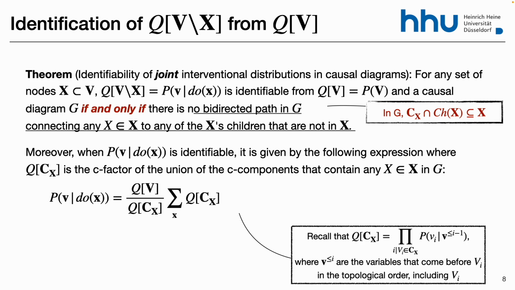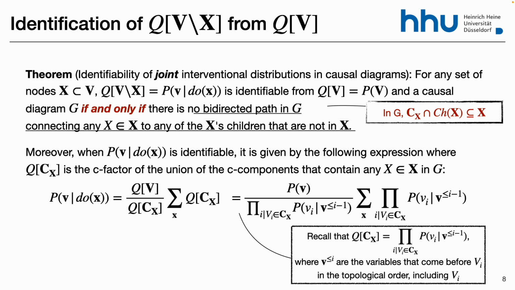From this part, I think it's just important for you to know that you can identify the joint by just this condition and automatically get the expression. That expression we already understand how to derive. And the continuation comes from, you remember from the previous lecture, we computed the Q of every C component by getting these fractions according to the topological order.